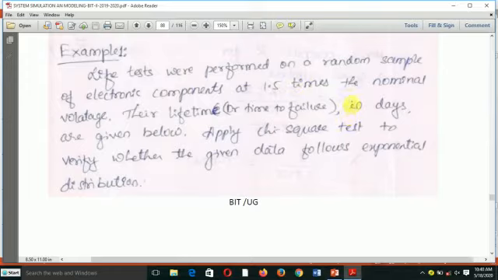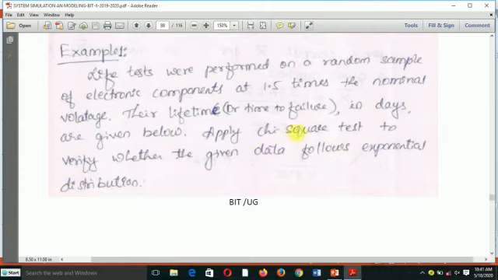So the lifetime in days has been given below. We apply the chi-square test to verify whether the given data follows the exponential distribution.